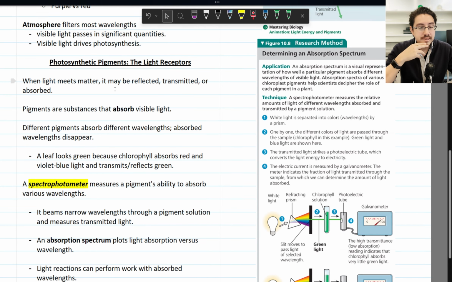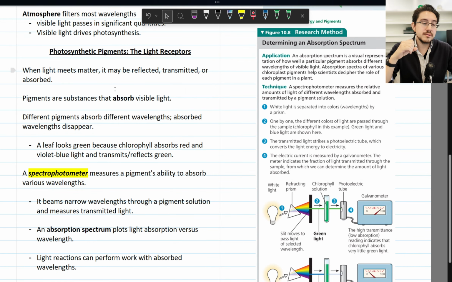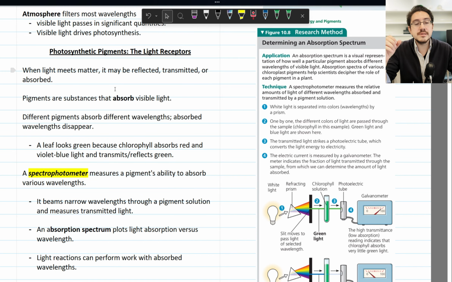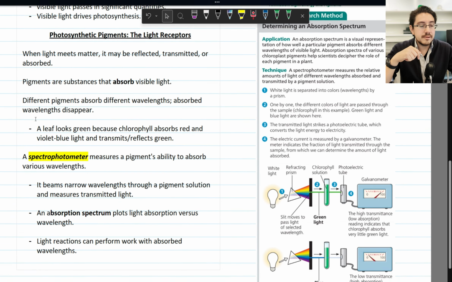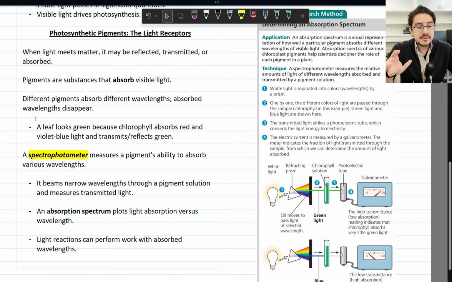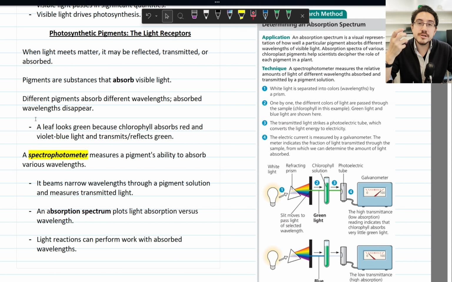Specific molecules that are able to absorb visible light are referred to as pigments. That's their function. Different pigments can absorb different wavelengths of light, and that wavelength ultimately disappears, and its energy gets absorbed within these pigments.